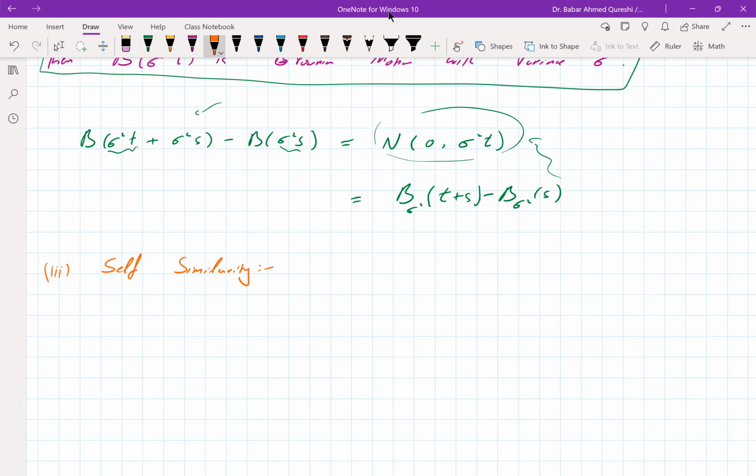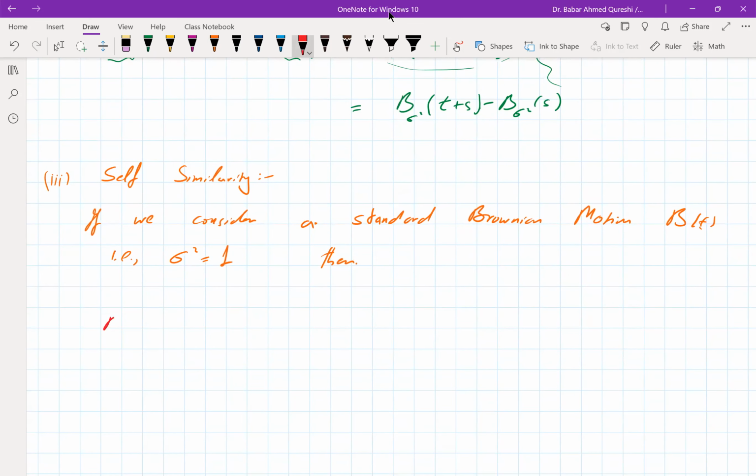It says that if you consider a standard Brownian motion B of t, so the standard means that its variance is 1, then if I define a new variable by these scalings, what I have done is divide the variable by alpha.